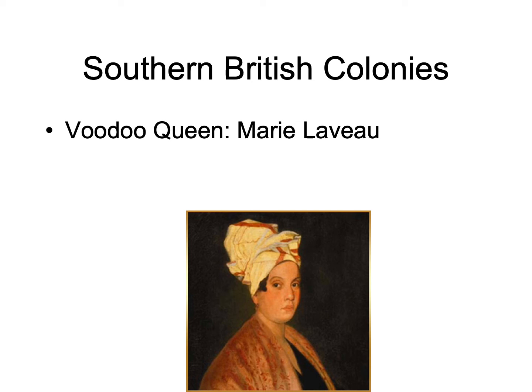Creole was the original term used by the French to refer to the black slave population in Louisiana. And then over time, Creole also referred to the mixture of French and African heritage.